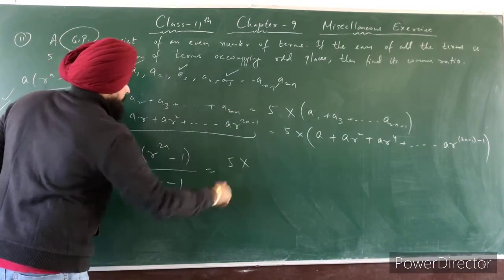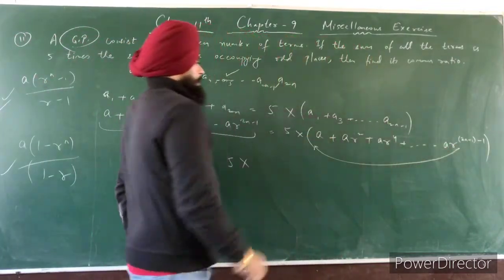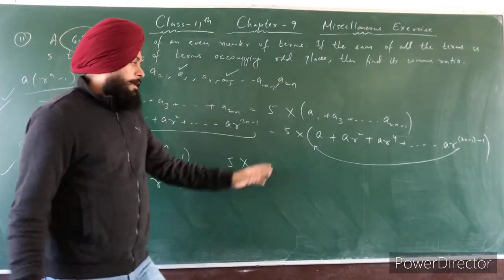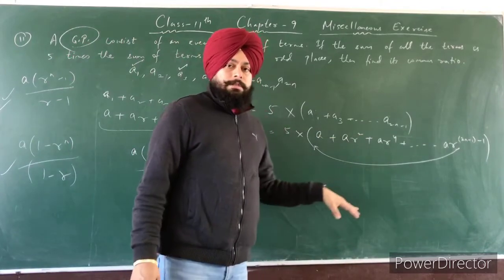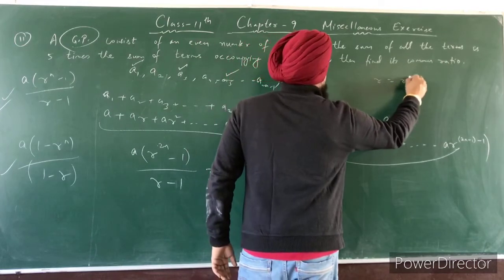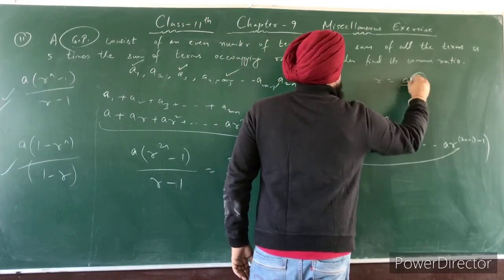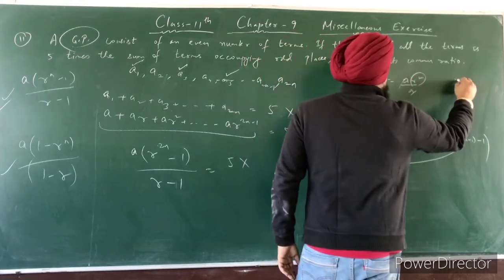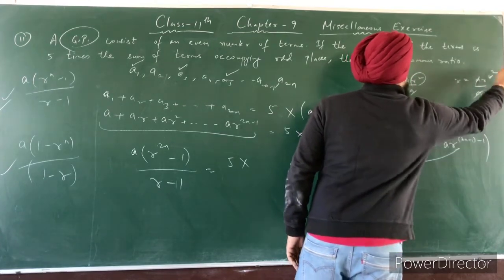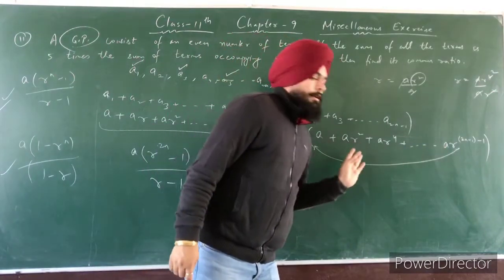is equal to 5 multiplied by the sum of the terms occupying odd places. They are again in a GP series. The first term is a, and what is the common ratio? ar squared over a gives r squared. The third term ar to the power 4 over ar squared again gives r squared. It means the common ratio is the same, and they are again in a GP series.